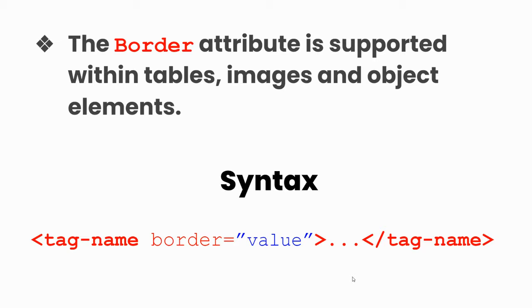This value actually denotes a particular integer. By integer, I mean numbers from 1 and anything greater than that, that's 1, 2, 3, 4 to the end. These numbers determine how thick the border would be. So you would expect that if the border is assigned the value 1, it would have the least thick border, and if it is assigned anything greater than that, the border would only get thicker and thicker and so on.